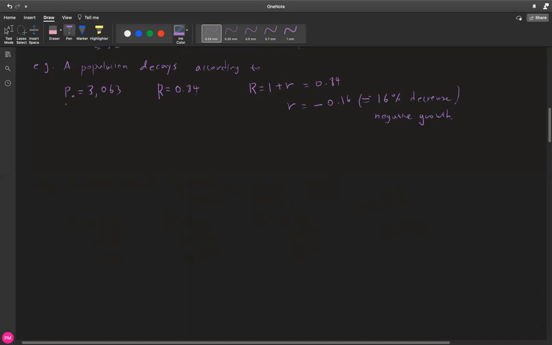So now we already know the initial population and the common ratio. We know that the explicit formula can be found as P sub n equals 0.84 to the power of n, multiplied by 3,063.